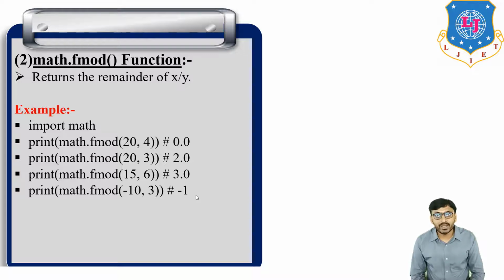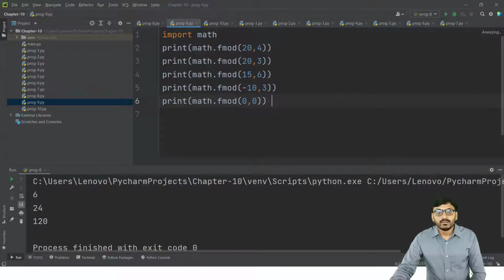Now this same program we run in PyCharm. Same program: import math, then math.fmod(20, 4), math.fmod(20, 3), (15, 6), (-10, 3) and (0, 0). This last one is extra.